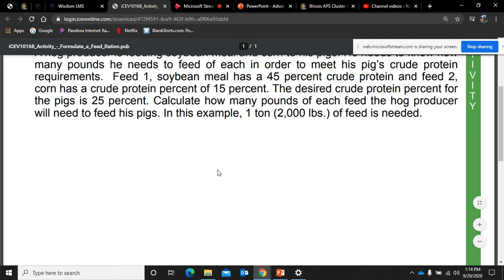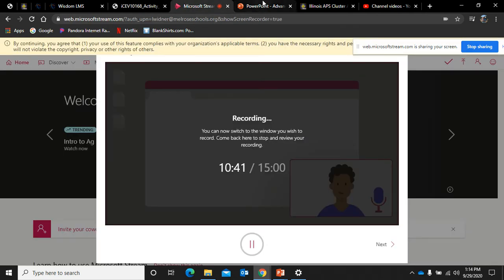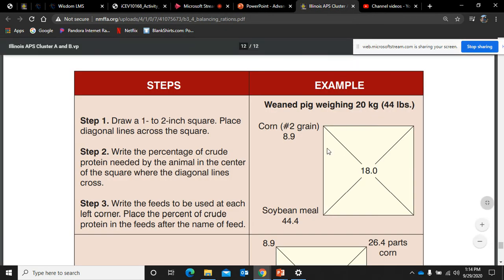Feed one is soybean meal, so you draw your square out here, and you go soybean meal 45%, and feed two has a crude protein of 15%, of corn, so you go corn 15%, and the desired crude protein is what goes in the middle box there. It's 25%. So you would put that in the middle and you calculate how many pounds of each feed the hog producer will need. Well, that's what you get with that last step there.